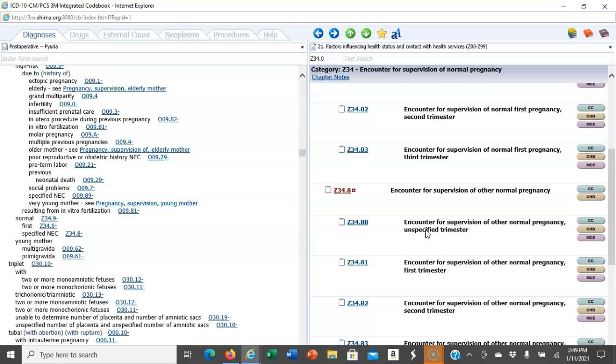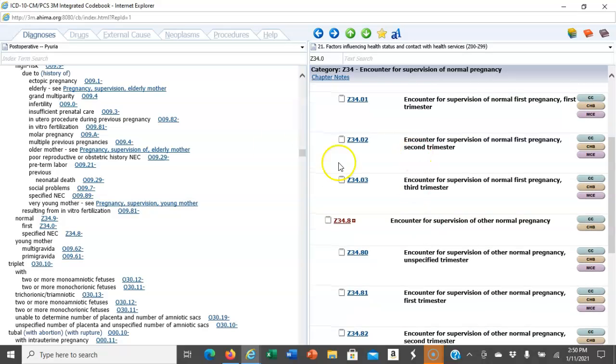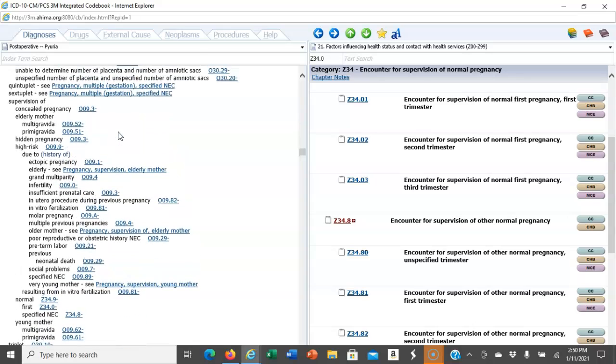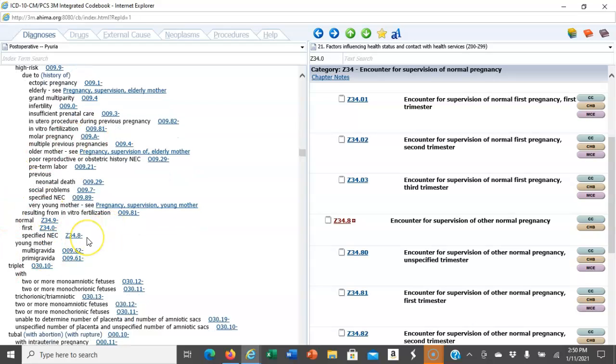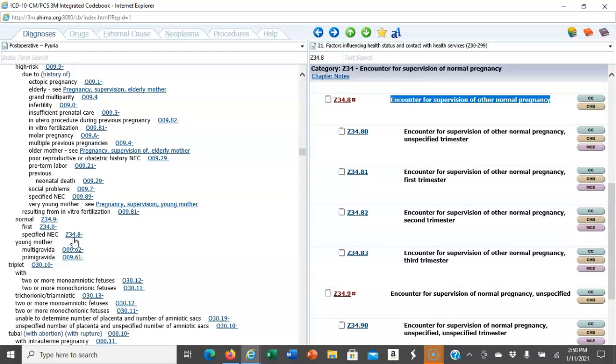In this first one, the patient's seen in her first trimester at 13 weeks for a routine prenatal visit. She also has a 2-year-old daughter. Well, if she has a 2-year-old daughter, she is not a primigravida. So we would be going to supervision, normal, specified NEC because it's not first, so Z34.8.